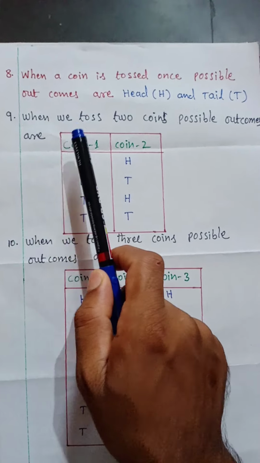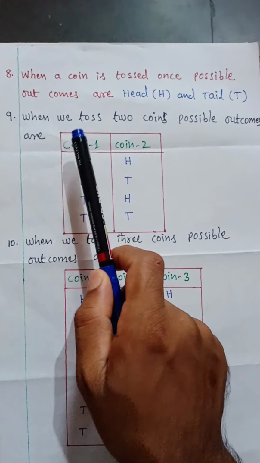So how will they ask the question? When we toss 2 coins, what is the probability of getting 2 heads? 2 heads means here, first one is head, head. Remaining all are head tail, tail head, tail tail. So 2 heads, only 1 there.